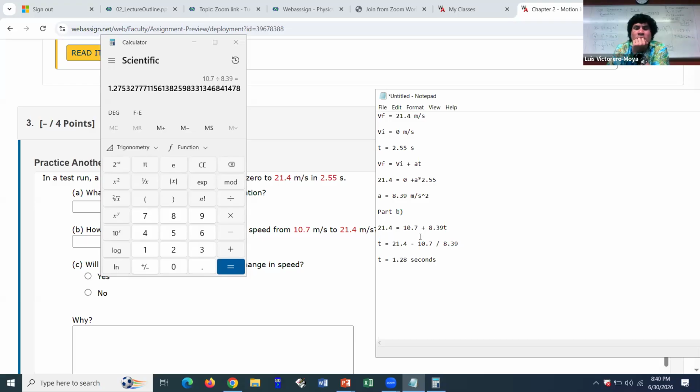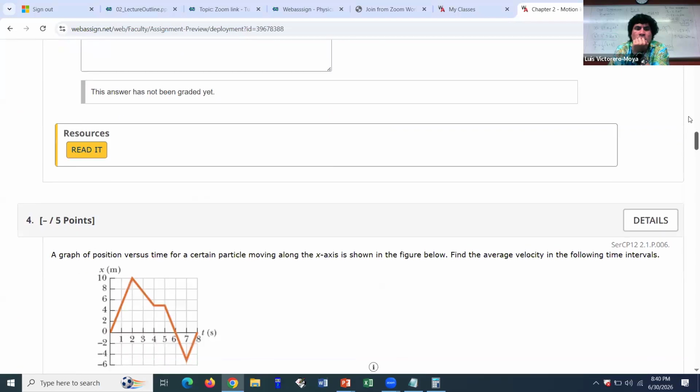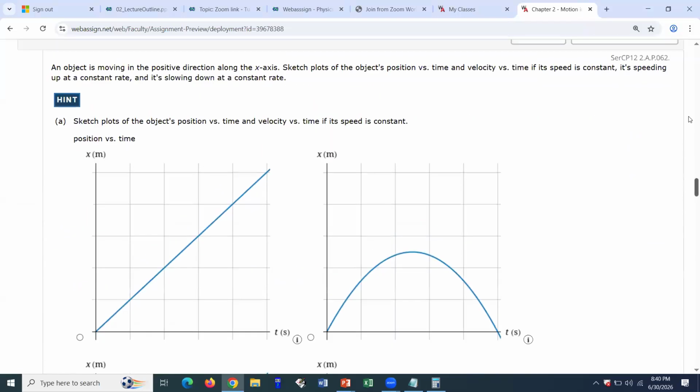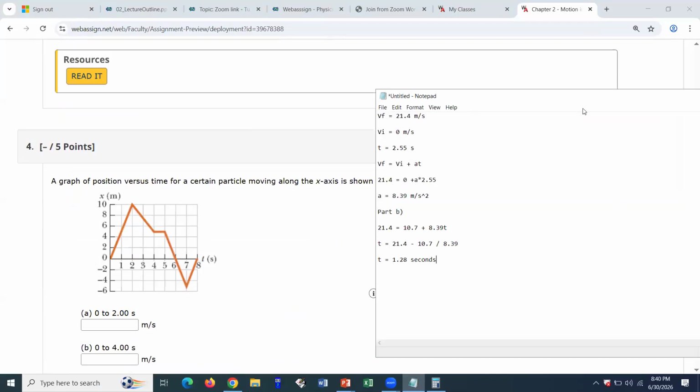If you guys have questions, I put here the procedure. It's just using the first equation. It's not that bad. All right. That's what we did. Wait, could I see B again? Yeah. Let me make it bigger.